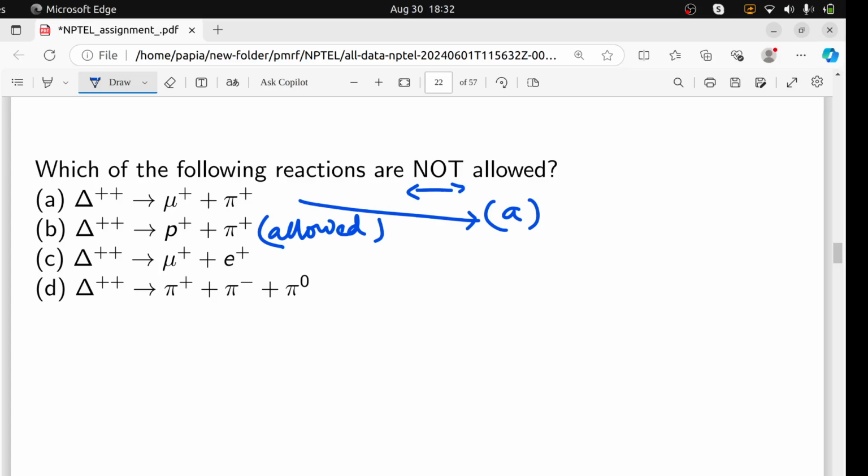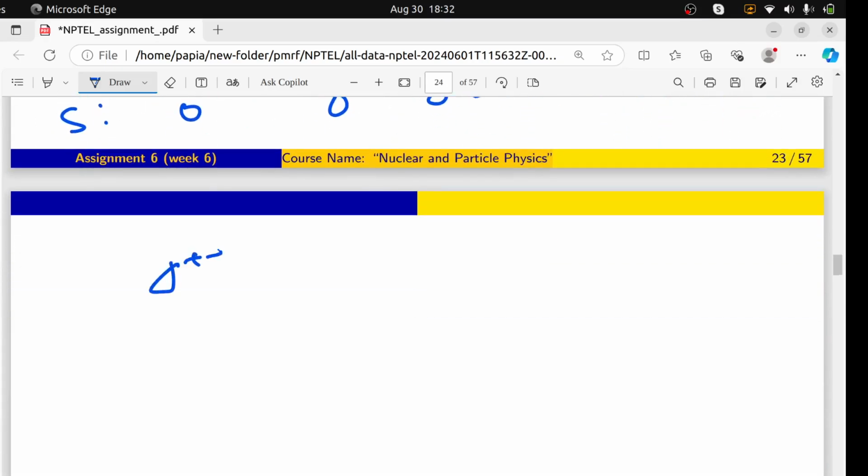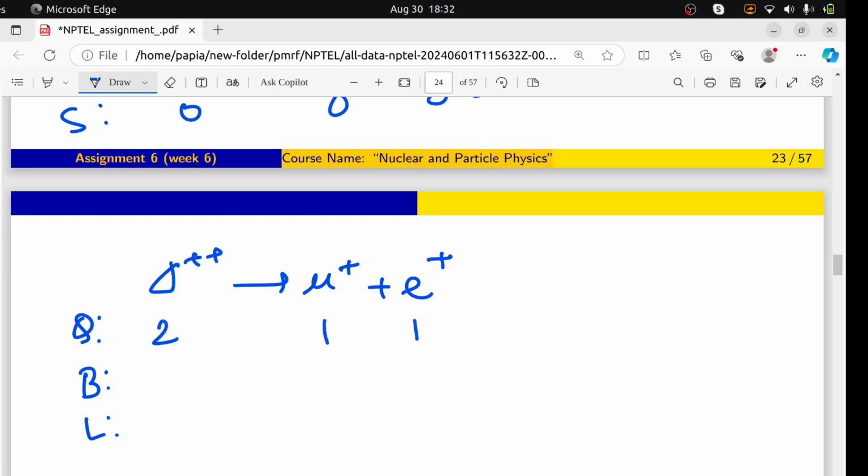Now coming to C, delta plus plus going to mu plus, E plus. Can anyone tell me, is it allowed or not? If it is not allowed, then by which conservation law can I tell that? What is the problem in that nuclear reaction which will be violated here?